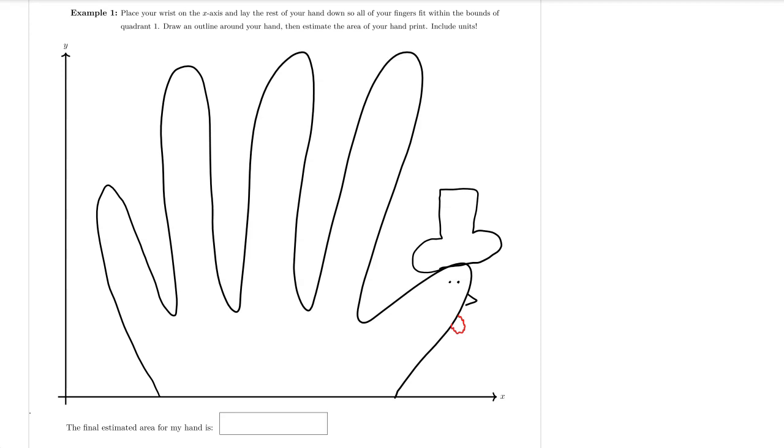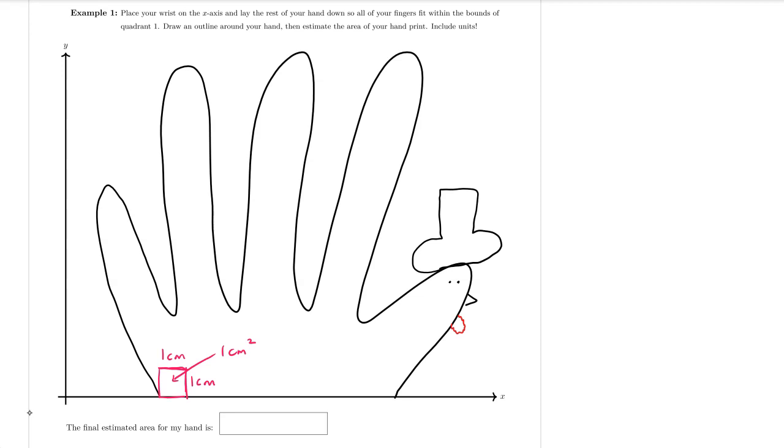But anyway, what we want to do is estimate the area of this, and we want to make sure we include units. There are tons of different ways we could go about this, but I want to include squares within my handprint. I am taking a ruler, and the dimensions of this square are 1 centimeter by 1 centimeter, which means that the area of this individual square is 1 centimeter squared, because I'm multiplying 1 centimeter times 1 centimeter.